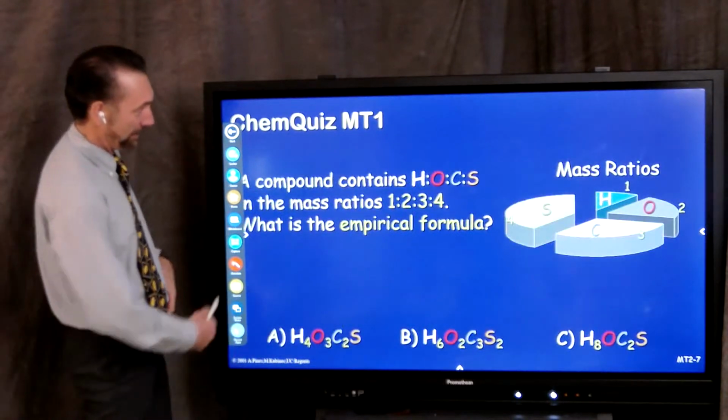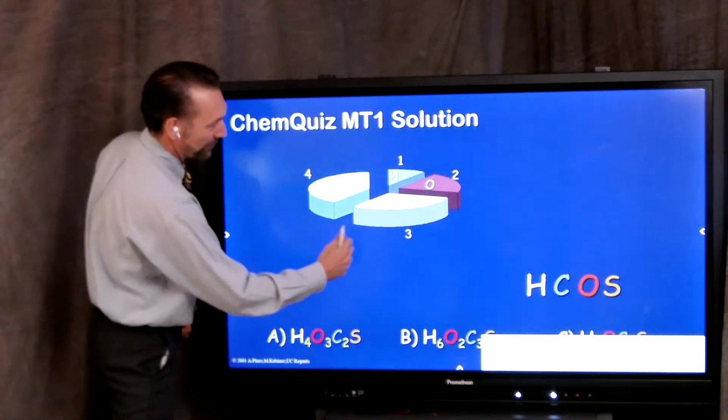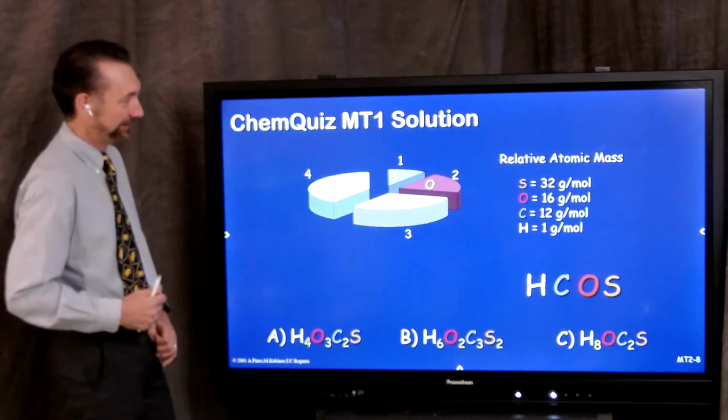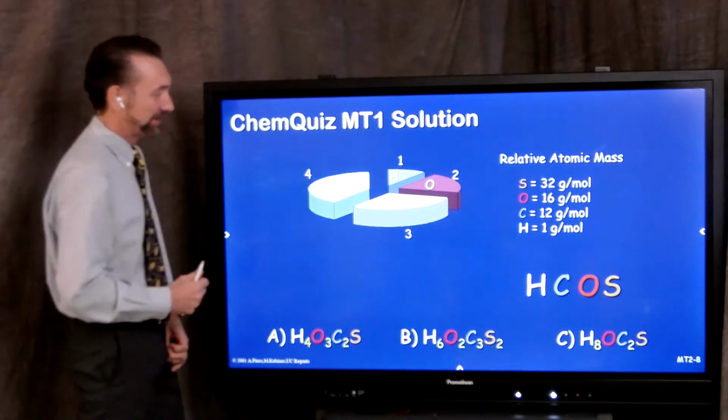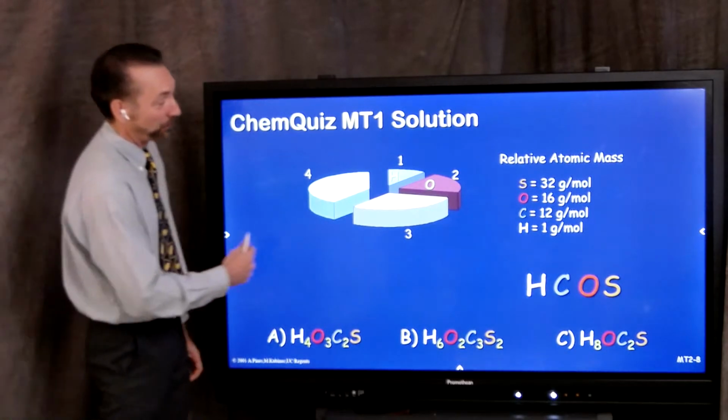control. But yes, if you look at the ratios of their relative masses, you can convert those relative masses to numbers of particles, and the numbers of particles are what you want.